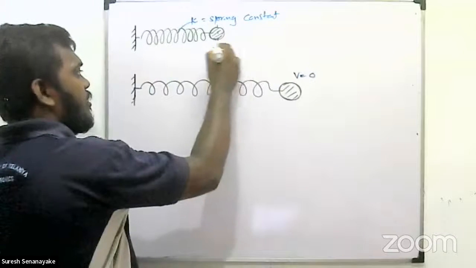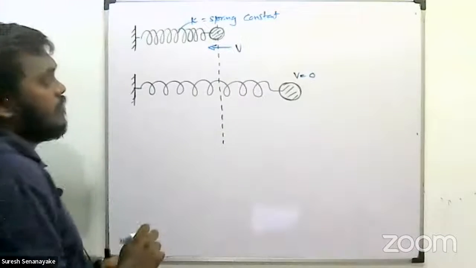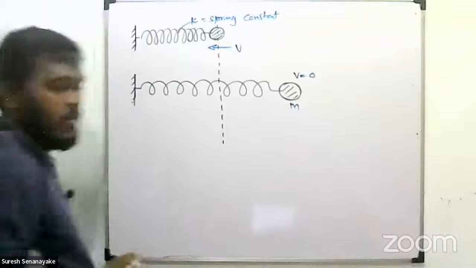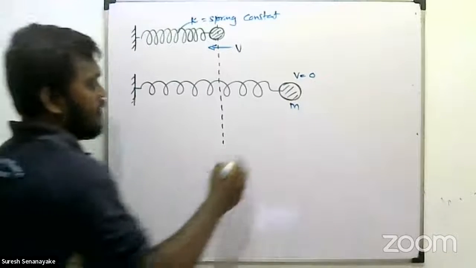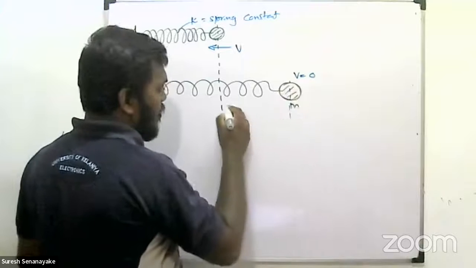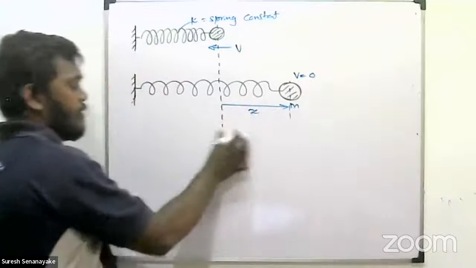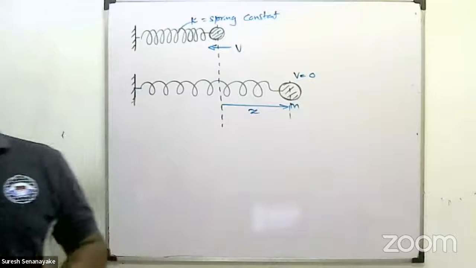When it is released, it moves from here with velocity v, the mass of this particle is m, and the extension is x. Then let's see how to write the extension.